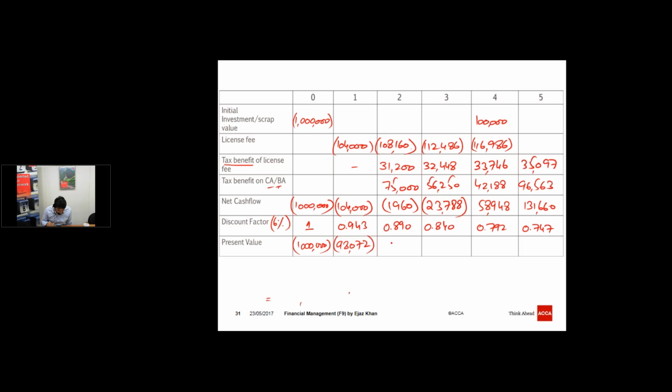Figure for year 2, 1744 negative. Okay, thank you.